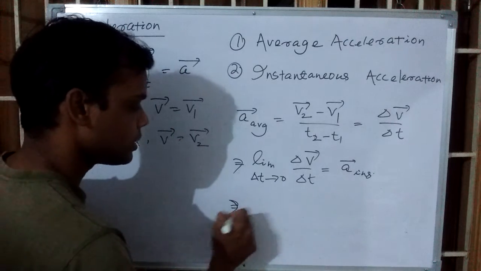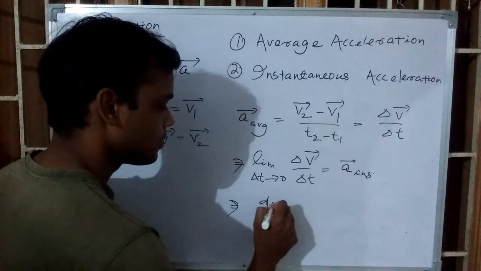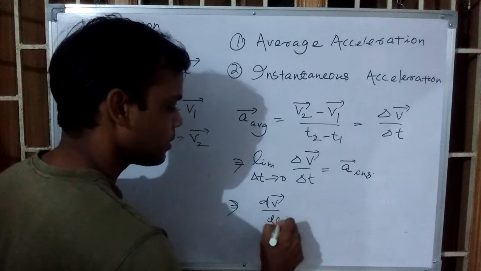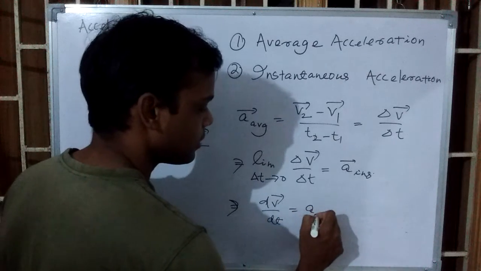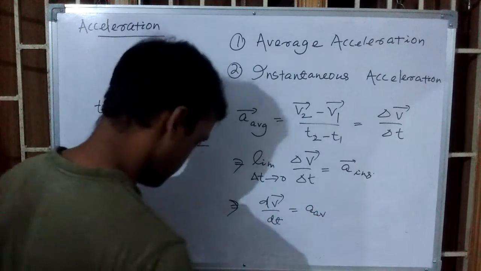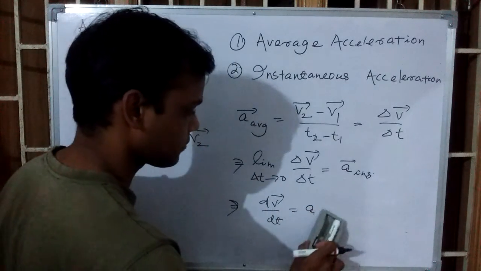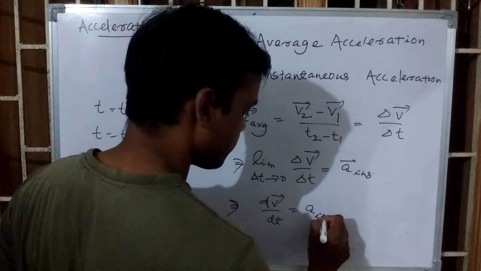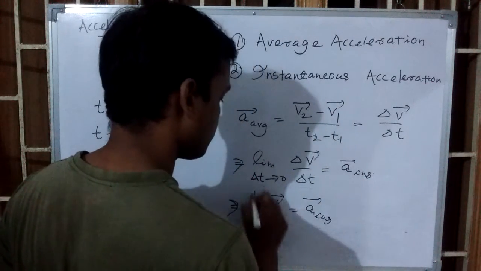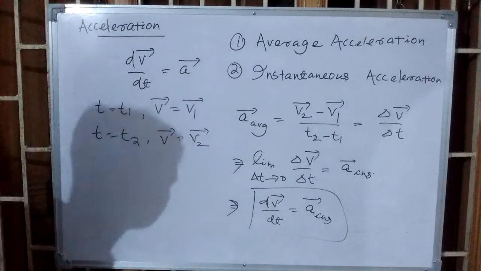What is this term? This is nothing but dv by dt, that is instantaneous acceleration. So these are very simple formulas.